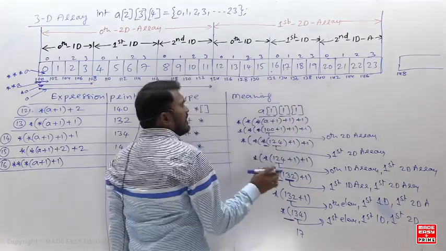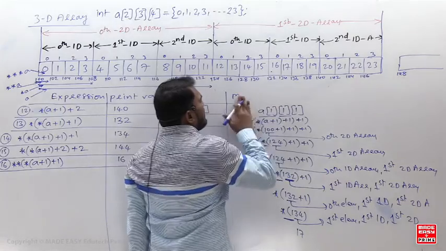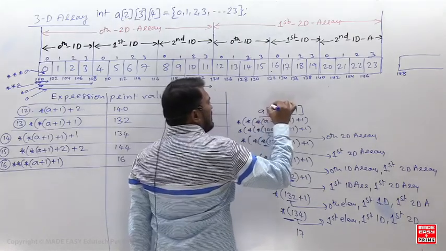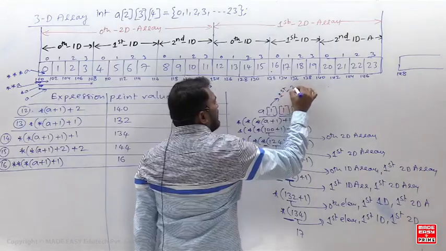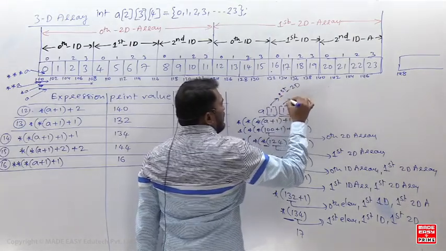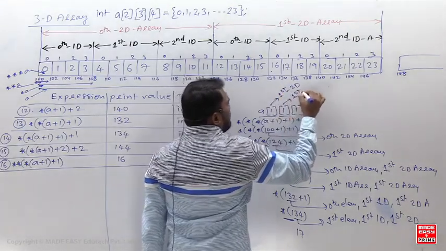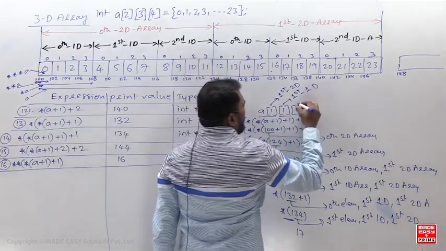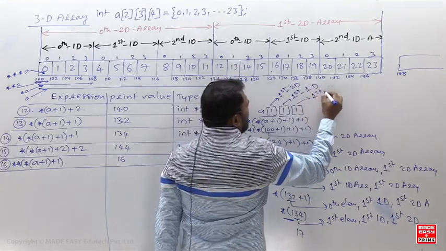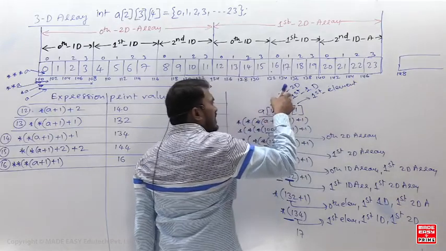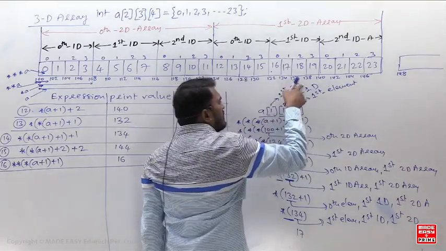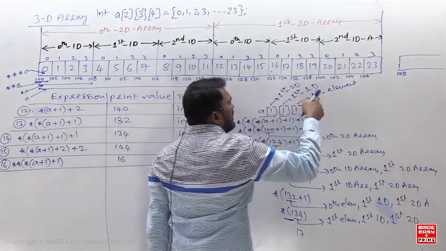Is that clear? So now tell me here. Look at here. What is A of 1 1 1 here? First 2D array, first 1D array, and first element.